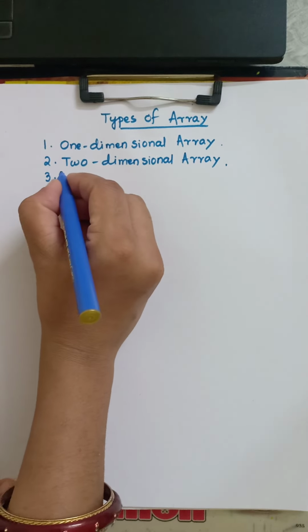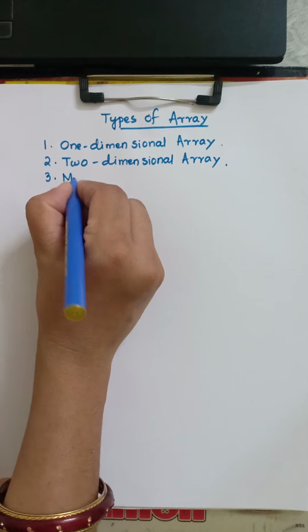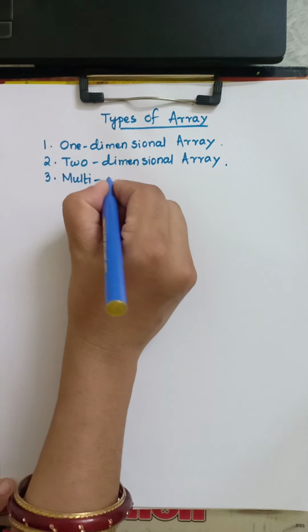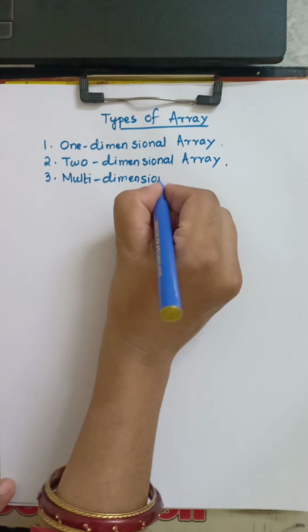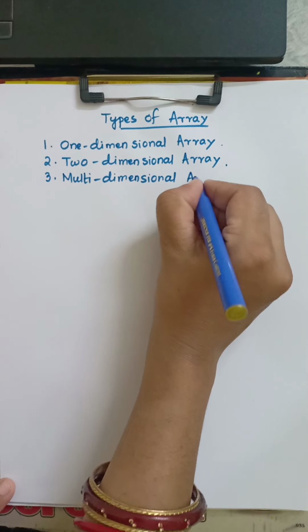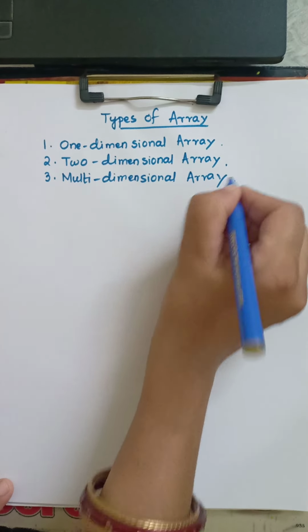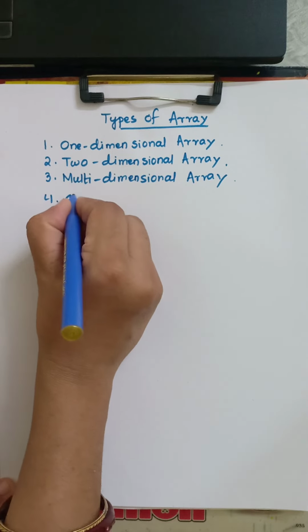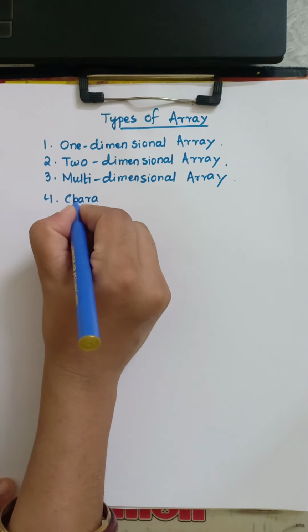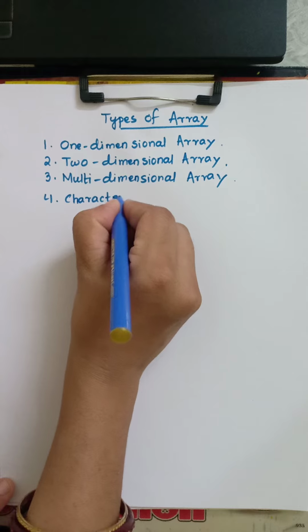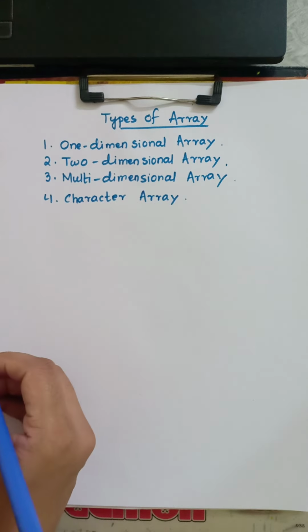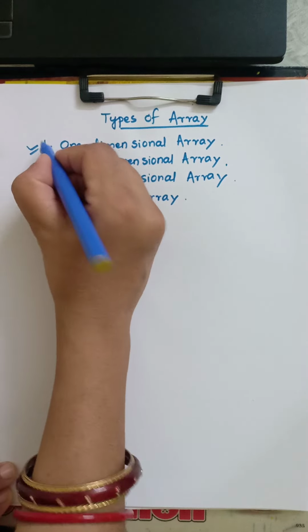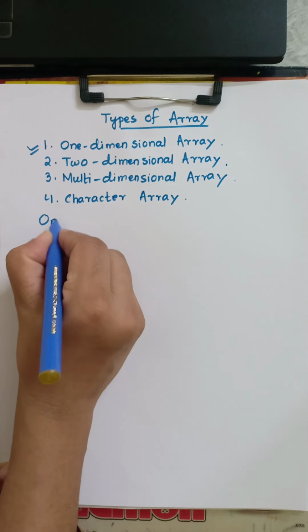Third one is multi-dimensional array. And the fourth one is character array. So first we are going to discuss the one dimensional array.